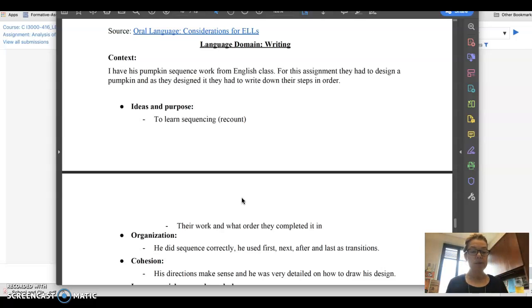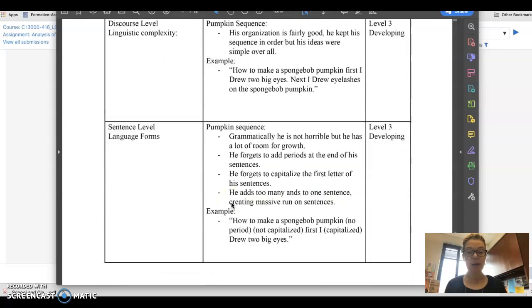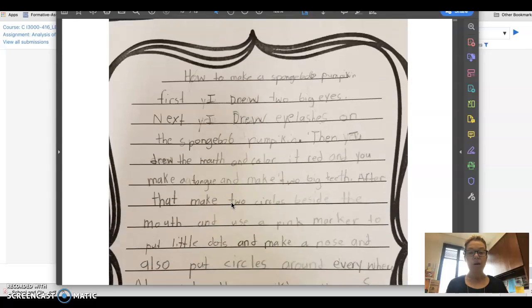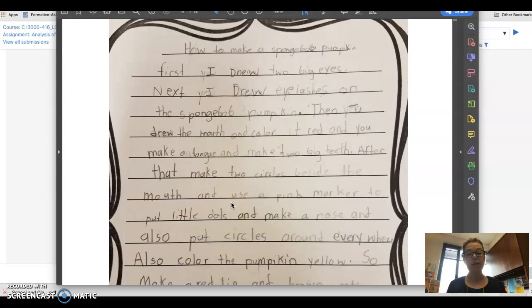The purpose of this piece, in reading it and remembering what you and Sharon told me, seems like the student maybe had two purposes or maybe wasn't clear on the purpose. One purpose might be to explain and recount how he drew a pumpkin. Another purpose seems to be to give somebody else directions on how to draw his pumpkin.